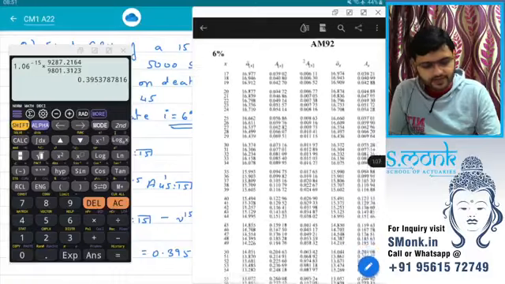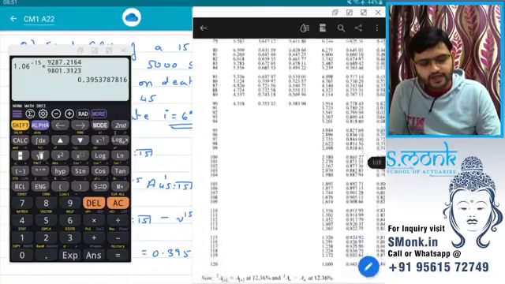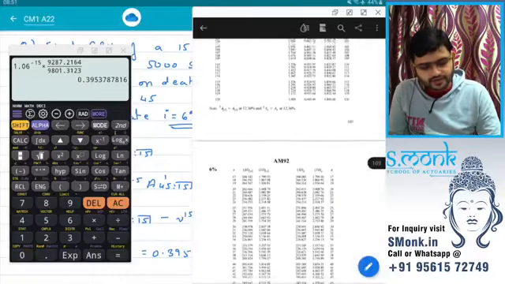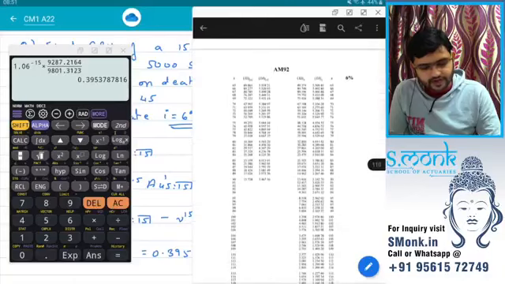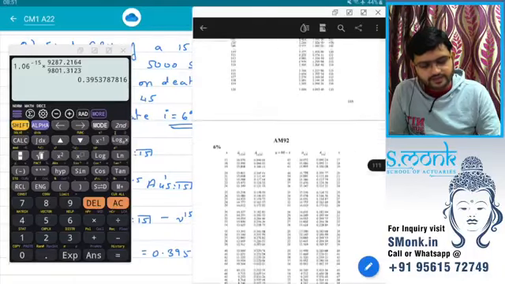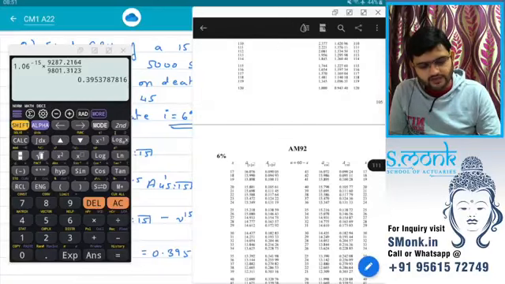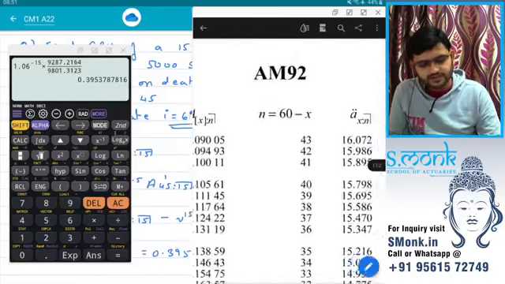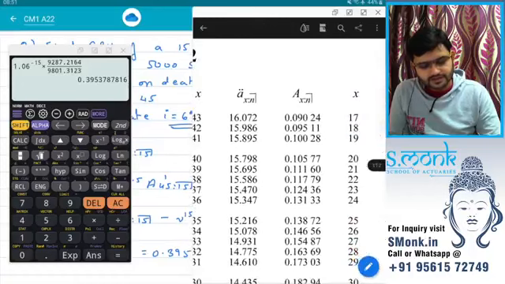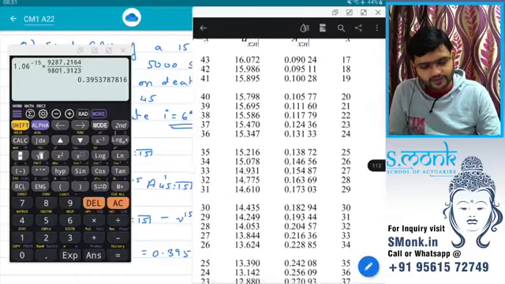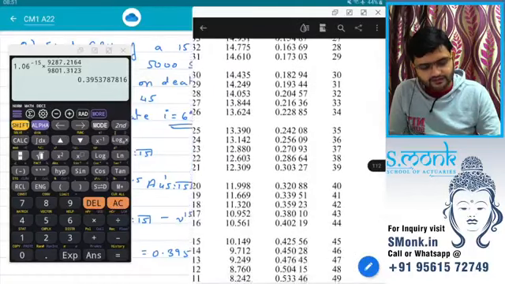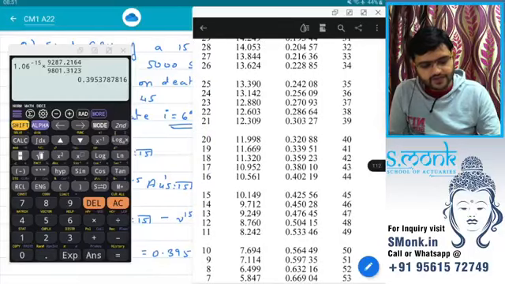Now starting from 102, I need to go to the endowment table for 6%, where our x plus n must be 60. I am looking for age 45 and 15 years.